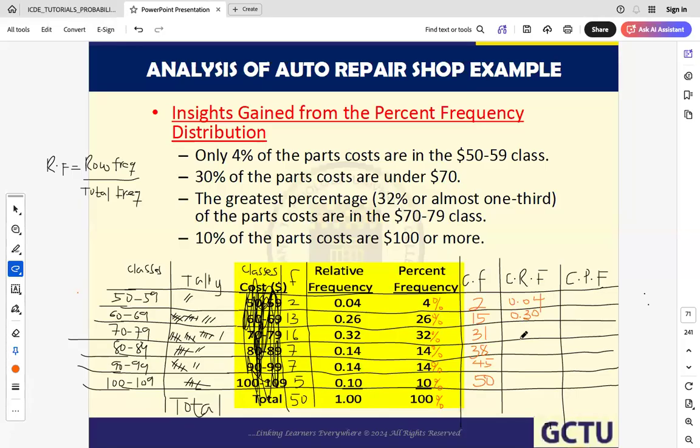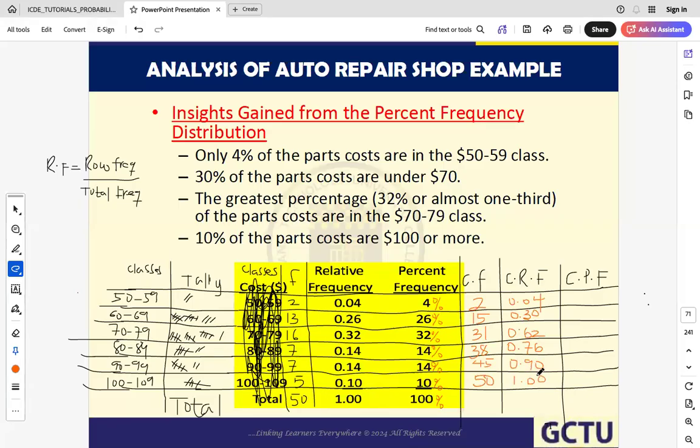Then 31 divided by 50, 0.62. Then 38 divided by 50, 0.76. Then 45 divided by 50, 0.90. 50 divided by 50 is 1.00.